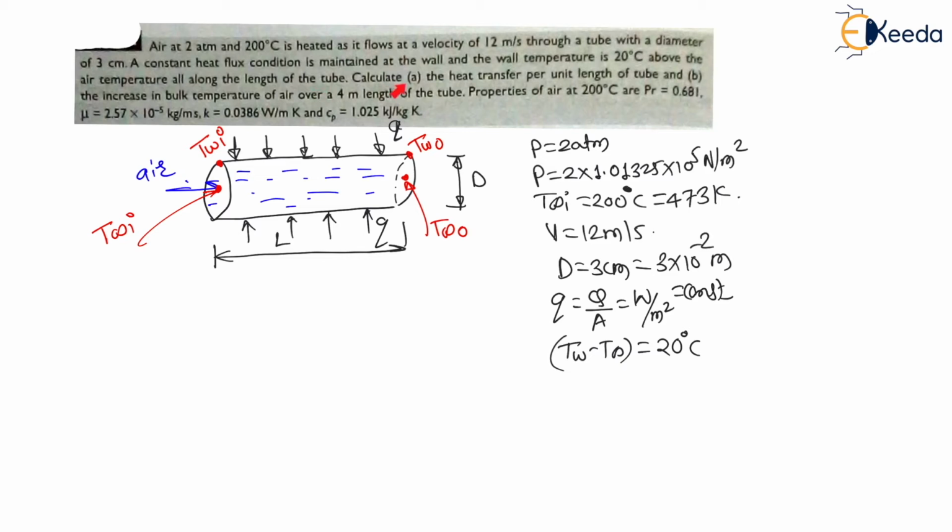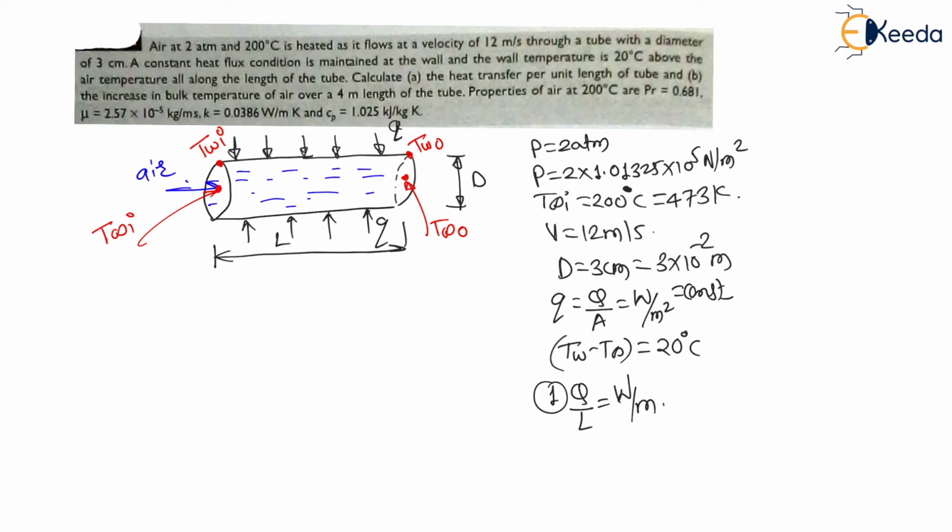Then calculate A, the heat transfer per unit length of the tube. Here first we have to find heat transfer per unit length, Q by L, in watt per meter. Then B is the increase in bulk temperature of air over a 4 meter length of tube.